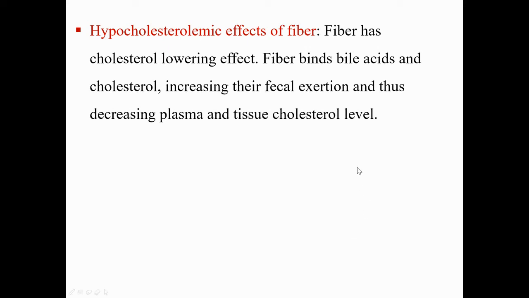These fibers will be lowering the cholesterol levels. They bind with the bile acids and cholesterol, increasing their fecal excretion. Note this point: this fiber binds with bile acids and cholesterol, increases their fecal excretion, and thus decreases the plasma and tissue cholesterol level.